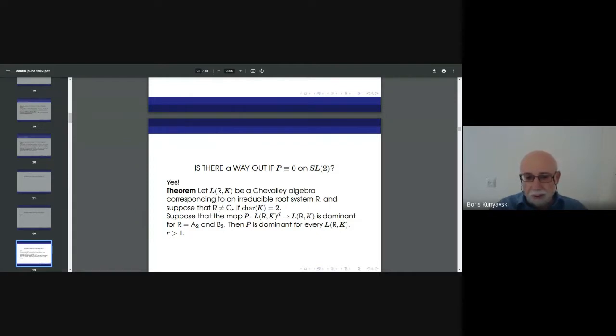I denoted these A2 and B2. The case of root system A2 is the Lie algebra SL3, and B2 is the orthogonal Lie algebra SO5. Lie algebras of rank 2. Then P is dominant for every simple Lie algebra.